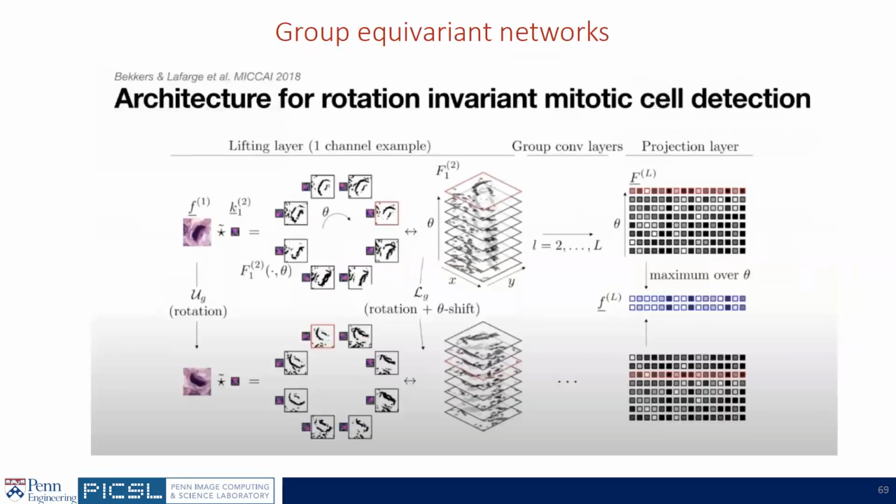Apart from just doing vanilla data augmentation, there's a whole field called group equivariant neural networks, which is a whole subfield in machine learning and deep learning, which again I'm not going to go into. But vanilla data augmentation will not help if you're working with challenging data sets.